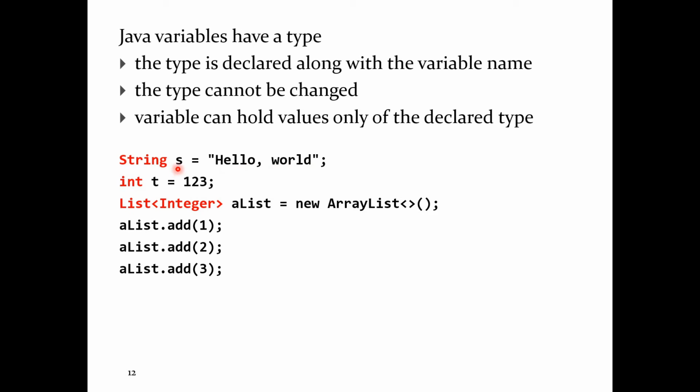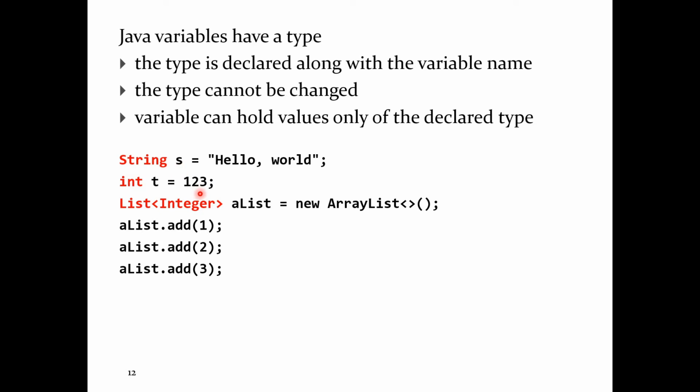Once you make a variable and declare its type, you can't change the type, and a variable can only hold values of the declared type. So I can only store strings in that variable s. For example, I can't store the number 123 in that variable s.